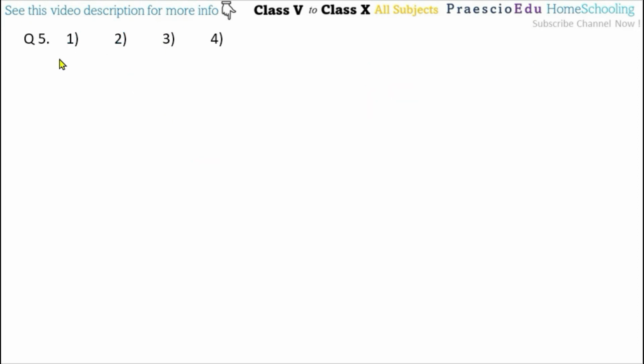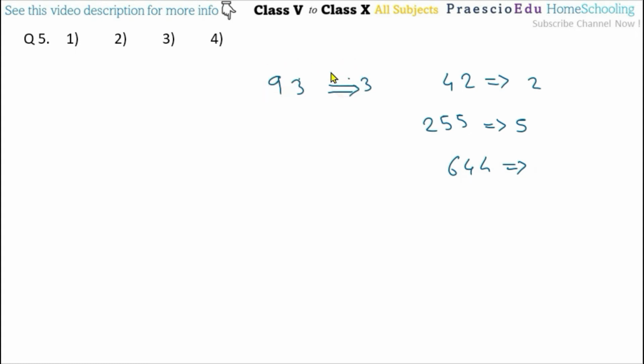Then question number 5. In a code, the number 93 is written as 3. Then 42 is written as 2 and 255 is written as 5. So how will you write the number 644? So 9 is the square of 3, so that's why this is 3, or we can say 9 divided by 3 means this is 3.